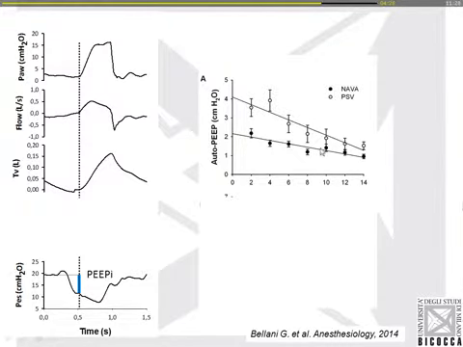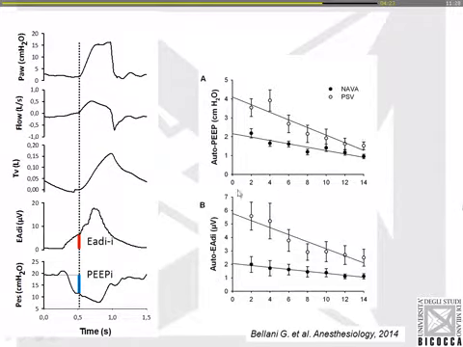Actually, the idea of this work was not to replicate this finding, which is very well known, but to show that, similarly to what we do with intrinsic PEEP on esophageal pressure, we can use EDI, so that this level of intrinsic EDI, auto EDI if you will, is a good indicator of the presence of intrinsic PEEP.